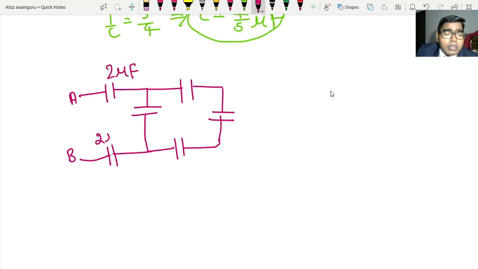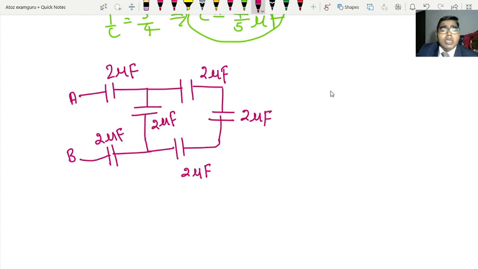Each one has 2 microfarad, and this one is also 2 microfarad. And now we have to calculate the equivalent capacitance between nodes A and B.